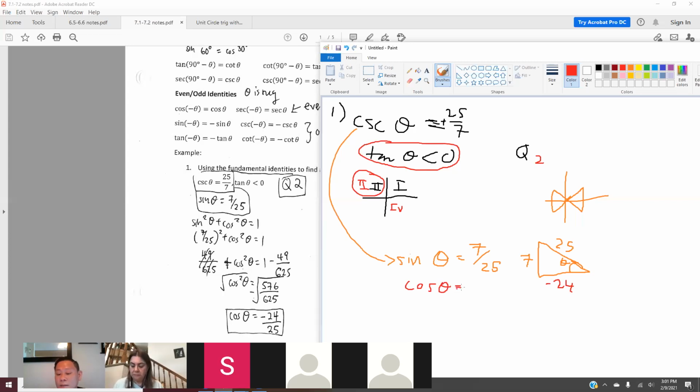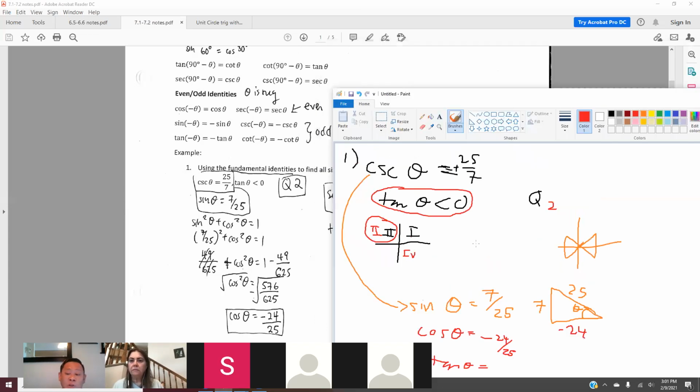Cosine is adjacent over hypotenuse, so you get negative 24 over 25. And then you use tangent. Then you use your SOHCAHTOA to do the rest of it. So you do not need to do what I did here. You can if you want to, but you can also use what you learned in 6.3 to do this homework.